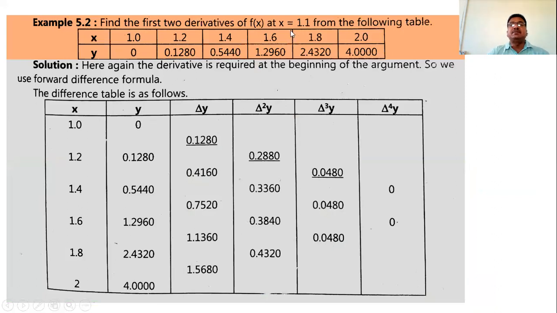So this is the example: find the value of the first order derivative and second order derivative at 1.1. 1.1 is at the beginning of the table, but not given in the table. So we have to use the general formula of first order derivative and the general formula of second order derivative.